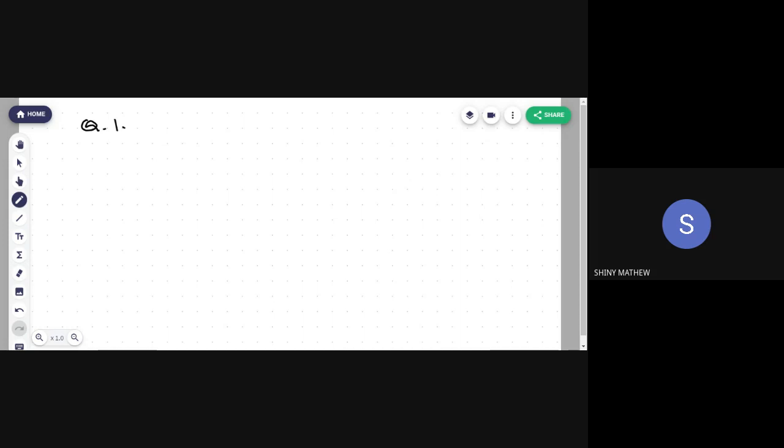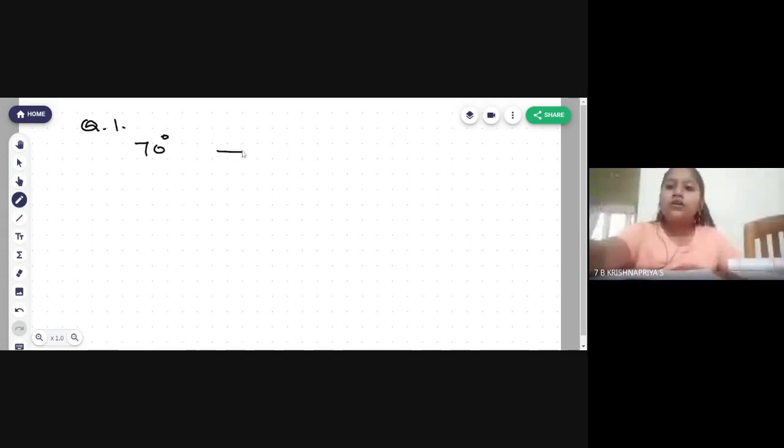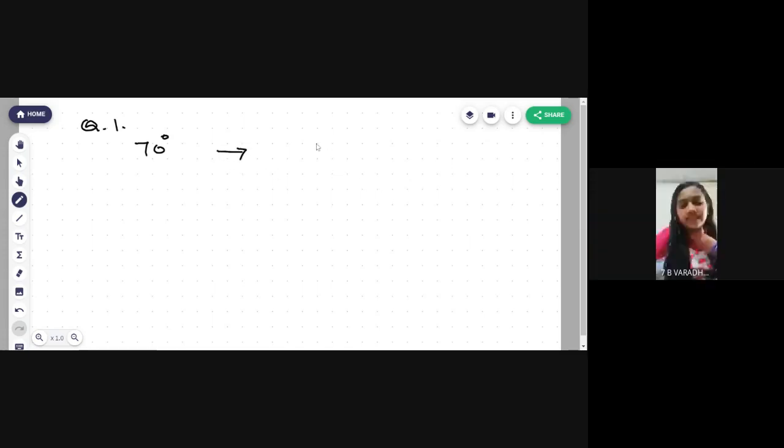So now I am giving one angle. The measure of the given angle is 70 degrees. Then what is the complement of that 70 degrees? 20 degrees.